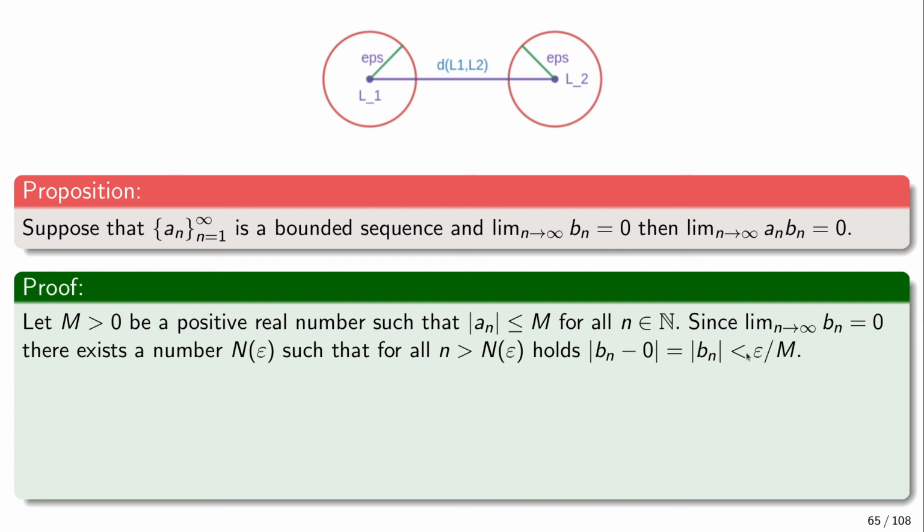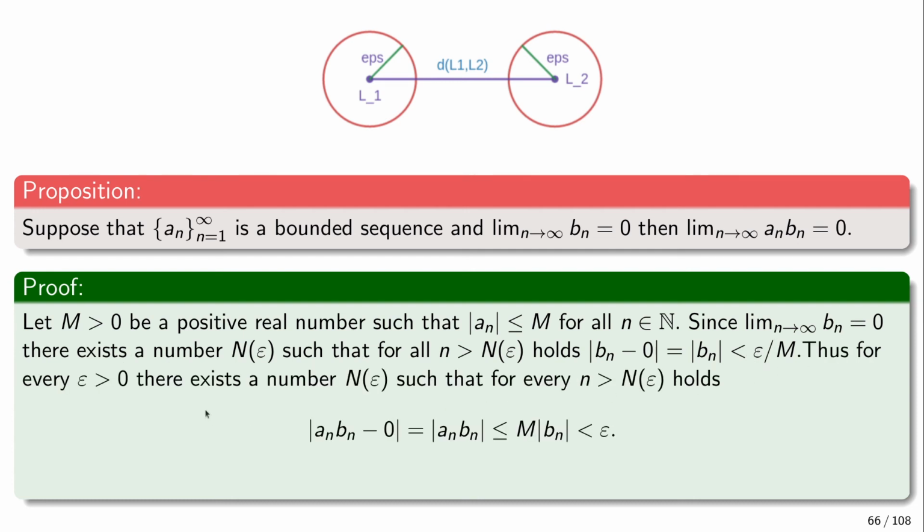We chose this to be epsilon over M on purpose, because for every positive epsilon there exists a natural number N of epsilon such that for every n greater than N of epsilon, b_n is smaller than epsilon over M.